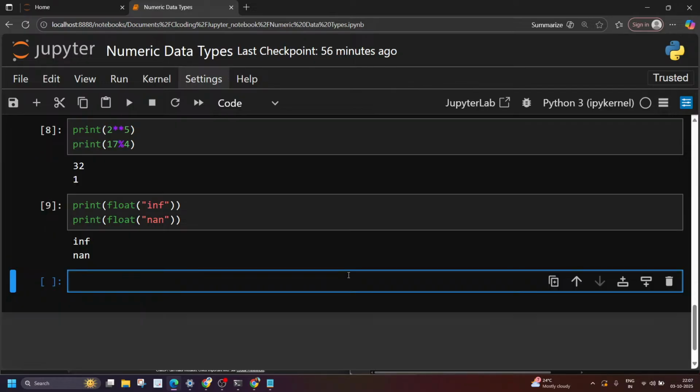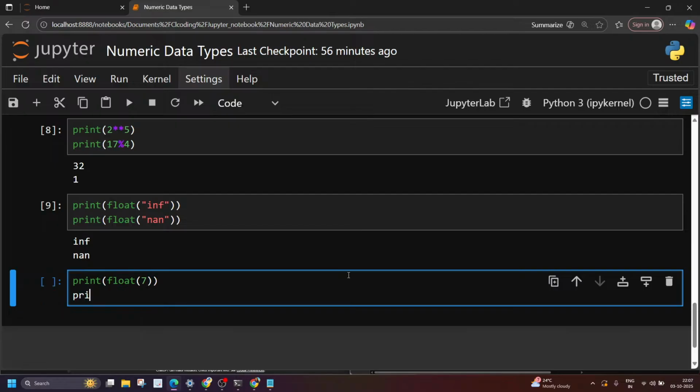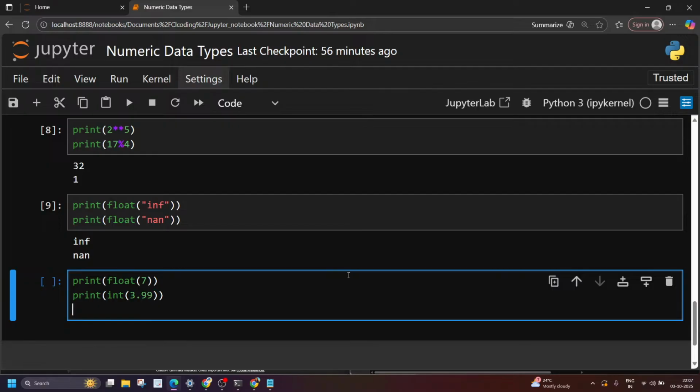Okay, so now the data type. Firstly we'll convert this integer value to float, and then secondly we'll convert the float value to integer, and then we'll print the complex value.